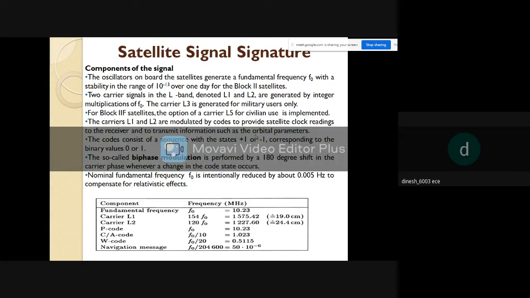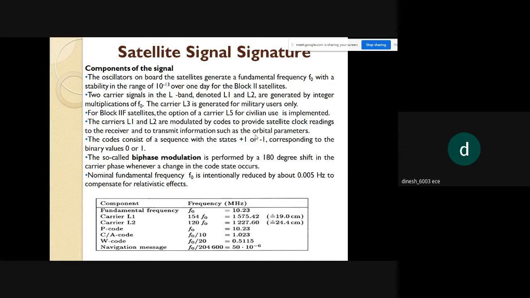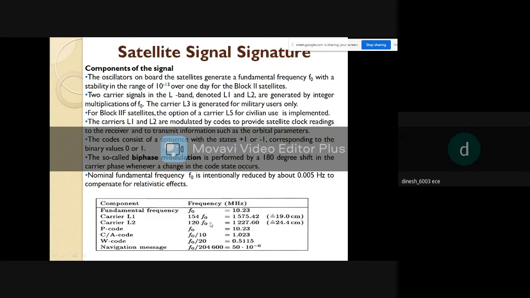You can see that there is a table where we are fixing the fundamental frequency f0 if the usage is at 10.23 megahertz. That is the fundamental frequency. Carrier frequency L1 will be 154 times f0 and L2 will always be 120 times f0. This is a standard relation in biphase modulation.